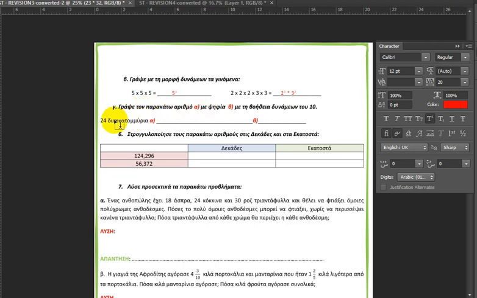Here we want to write this number with numerals and then with the use of the powers of 10. So here we have 24 billion. 24 billion means 24 and then 1, 2, 3, 1, 2, 3, 1, 2, 3 zeros. That's 9 zeros.